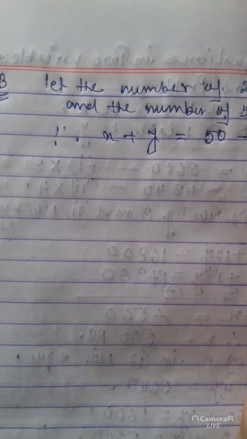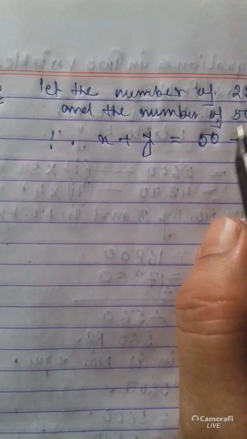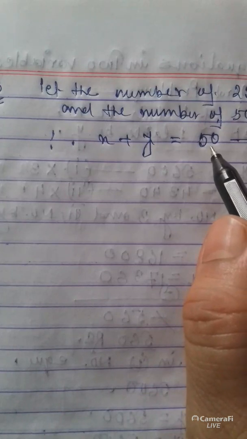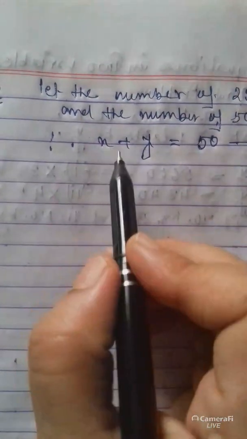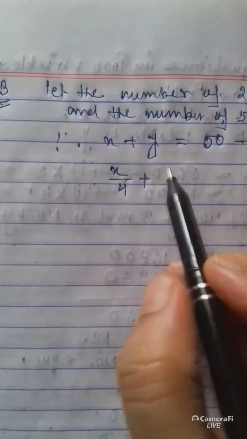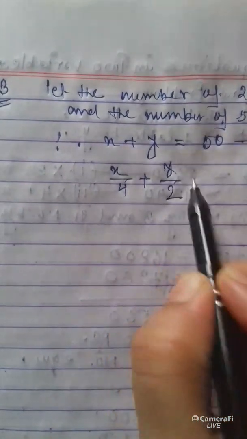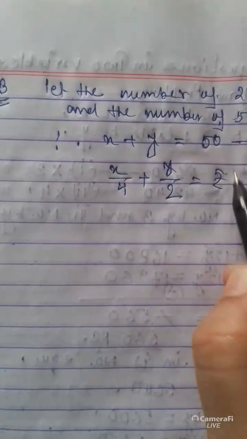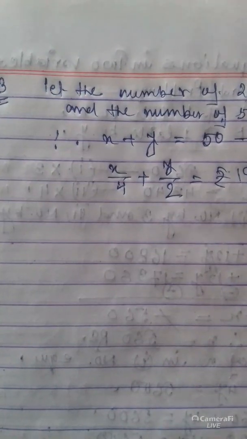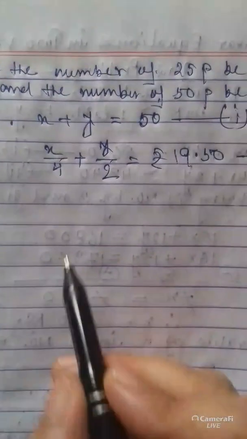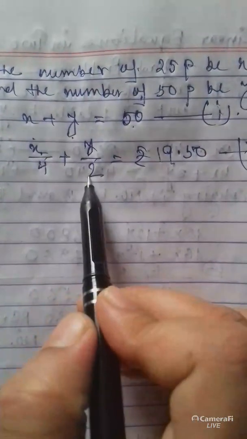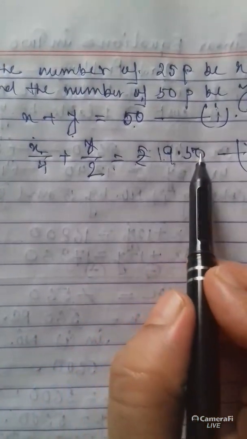And the second equation: she has coins in all totaling rupees 19.50. So 25 paisa coins means x by 4 and 50 paisa coins means y by 2 equals rupees 19.50. This is equation number 2.